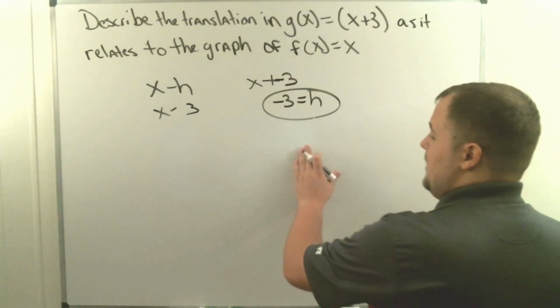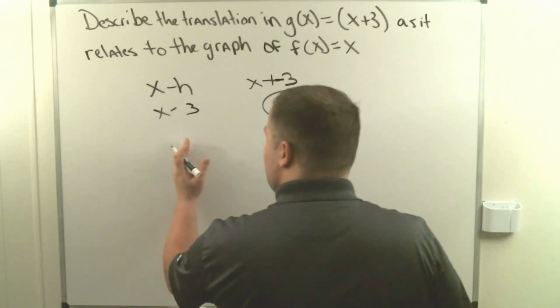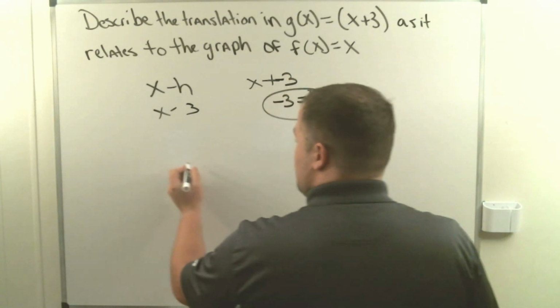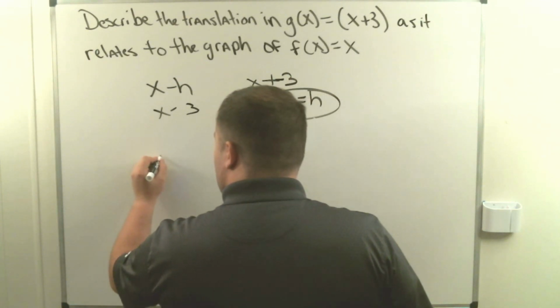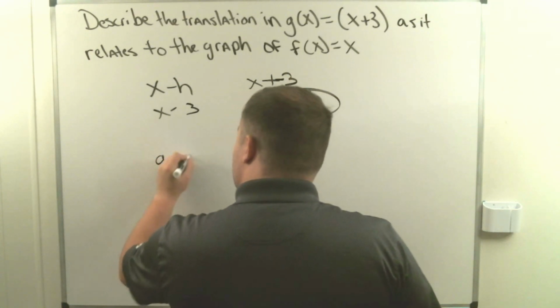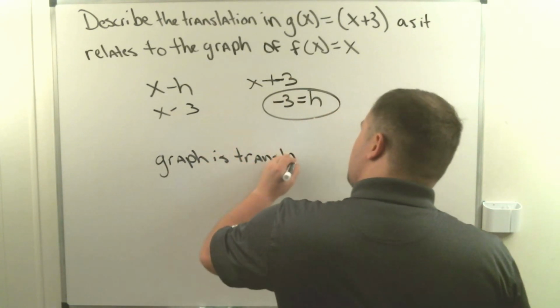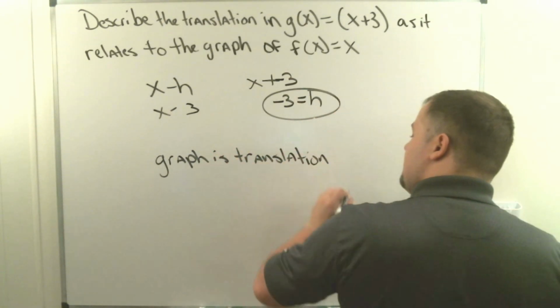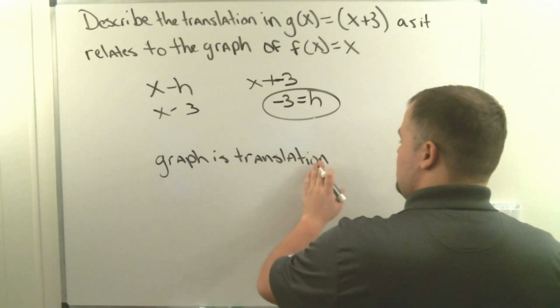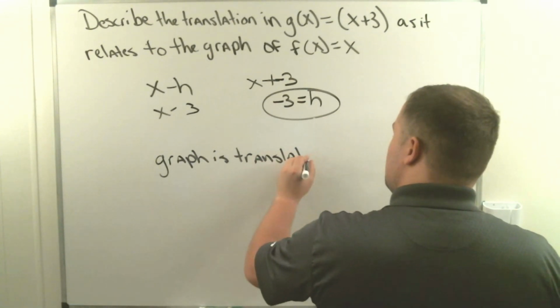Since it's a negative 3, a negative means our graph moves to the left by 3 spaces. So in this case, we would say the graph is translated, because a translation moves the graph left, right, up, or down. Not translation, it's translated.